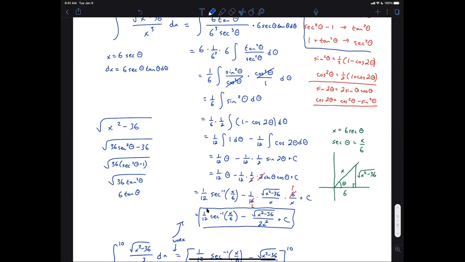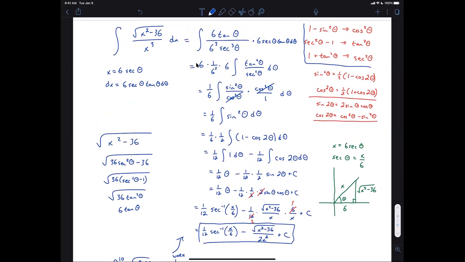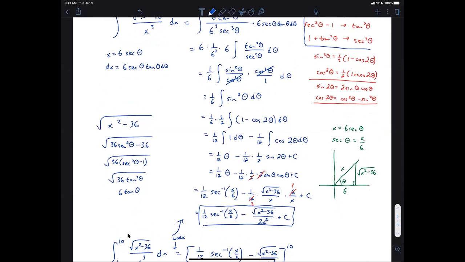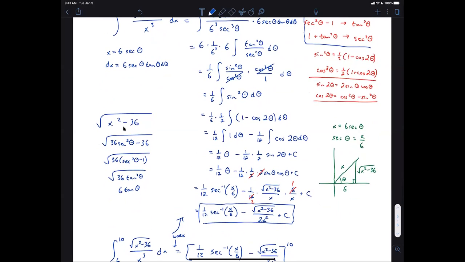If you choose to keep the bounds, then when you change to d theta, you have to figure out what theta corresponds to x equals 6 and what theta corresponds to x equals 10.